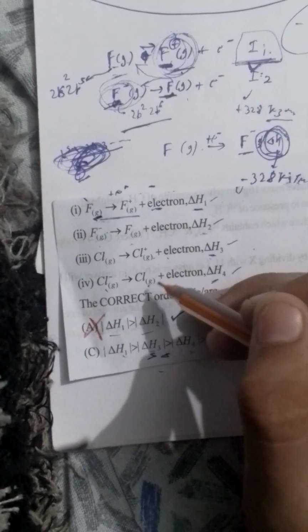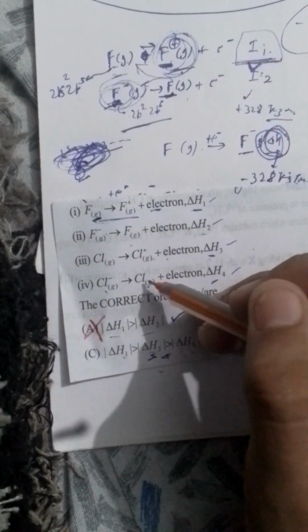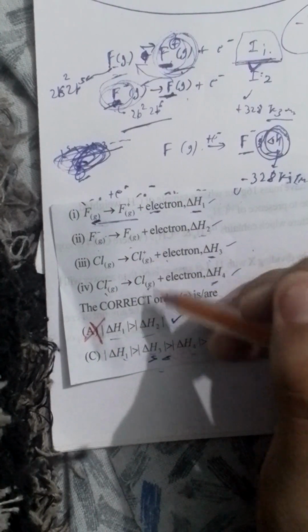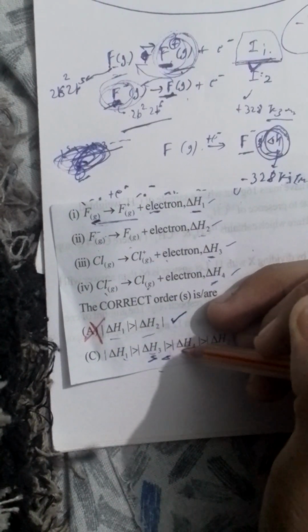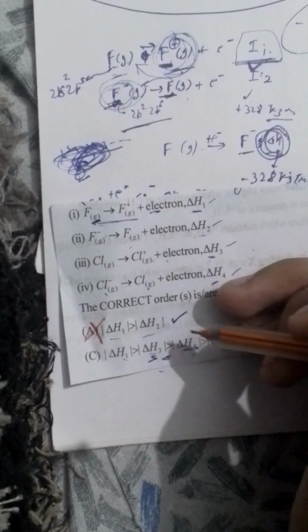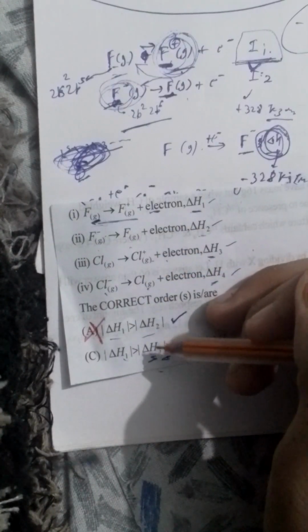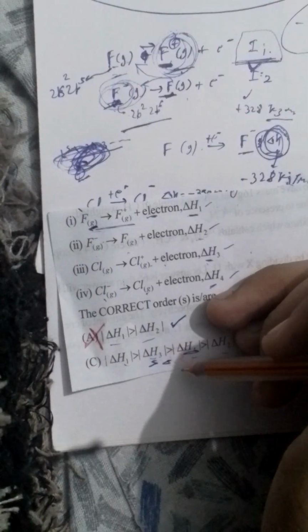So this energy we know 350 kilojoules per mole. So ΔH4 should be, we have seen that it's greater than ΔH2. ΔH3 we have to compare.